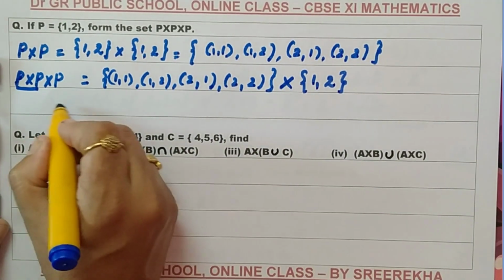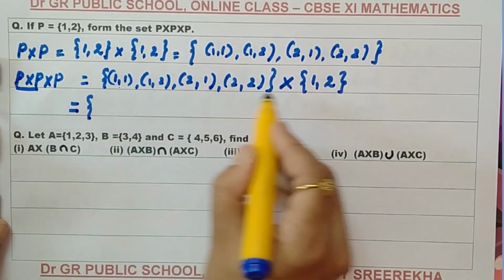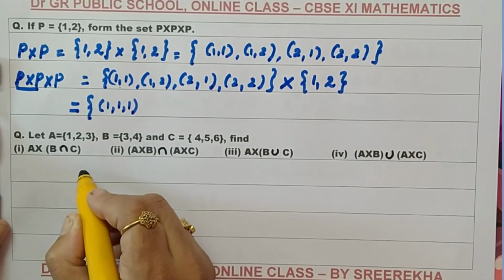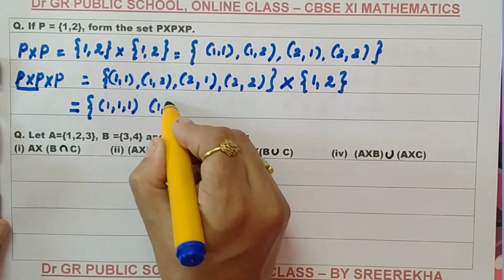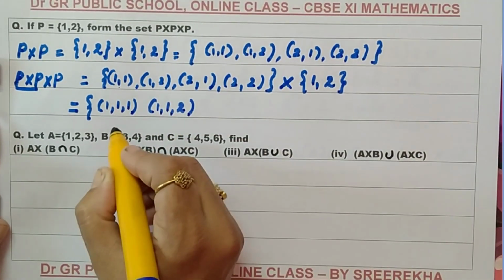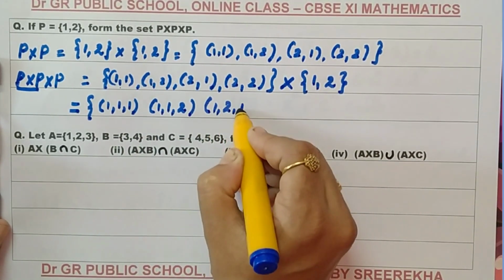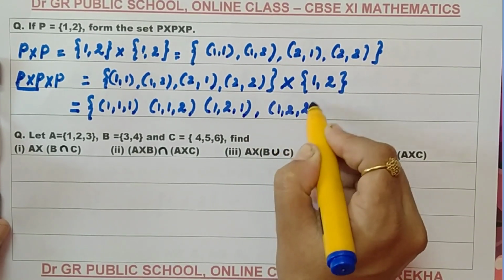Okay, we can cross it again, which is equal to this collection: (1, 1, 1), then (1, 1, 2), then (1, 2, 1), (1, 2, 2).